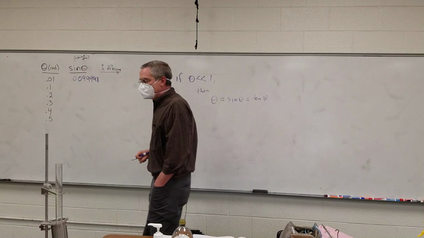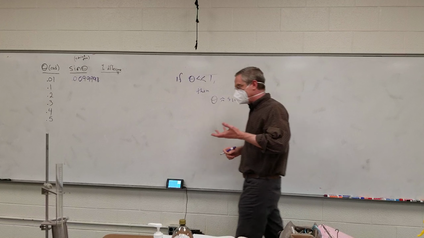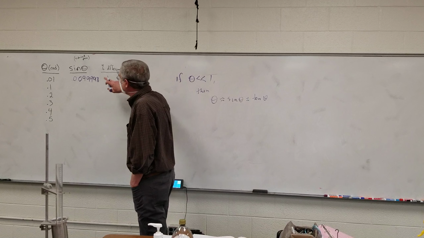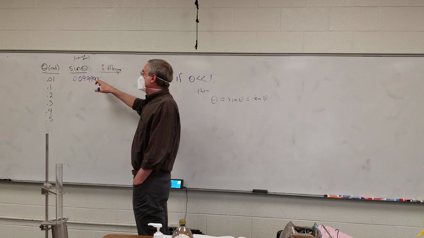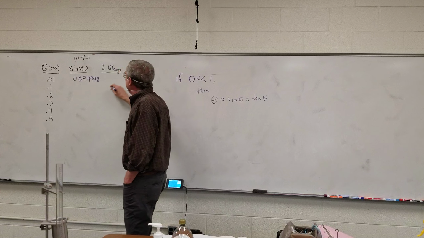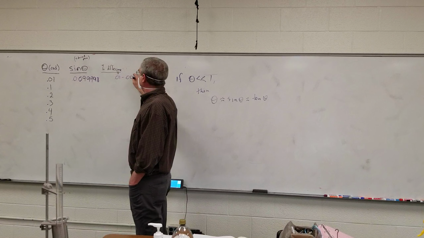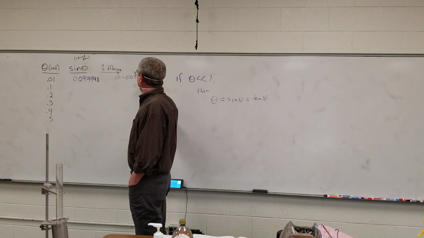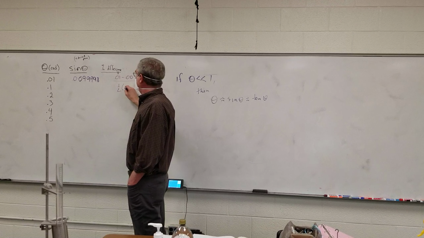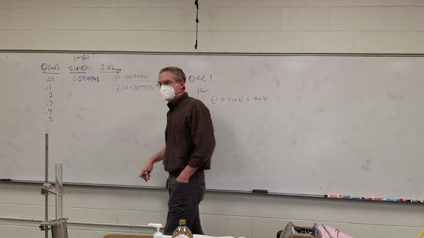In the question I asked, when is it 10% off? I kept it vague because there are several ways you can look at it. For example, percent difference is where I'm comparing them to each other, not comparing sine to theta or theta to sine. My percent difference would be 0.01 minus 0.00999998, divided by the average of the two. What would that get you?